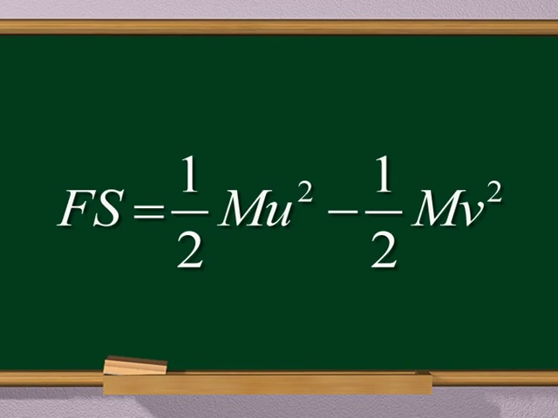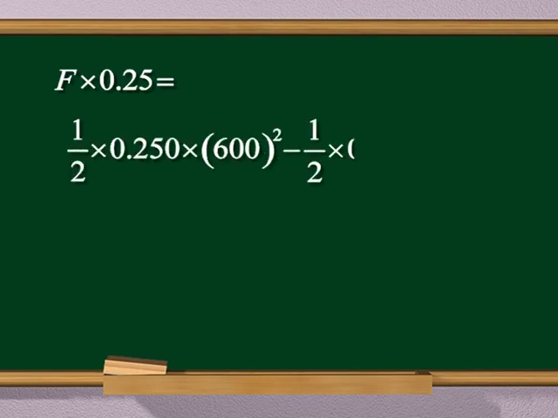On substituting the given values of S, m, v and u in this equation, we can write F into 0.25 equal to 1 by 2 into 0.250 into 600 square minus 1 by 2 into 0.250 into square of 50.